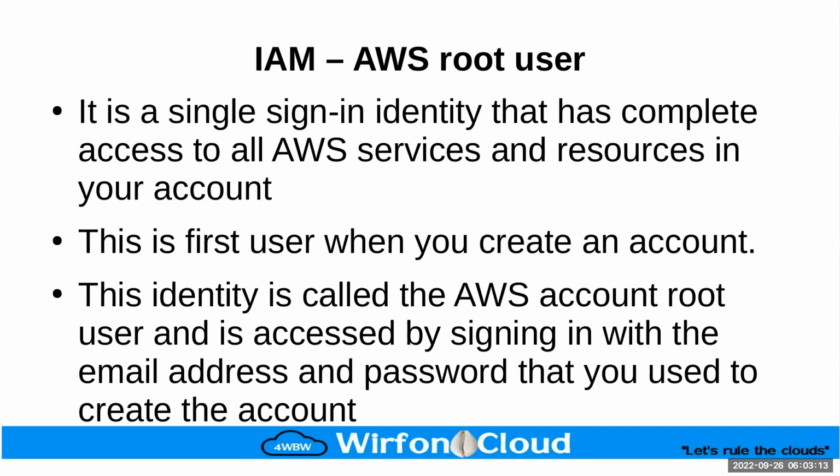So the AWS root user is created when you are setting up an AWS account in the beginning. You always use the email address and the password to access the root account. You always use the email address and the password to sign in, right?